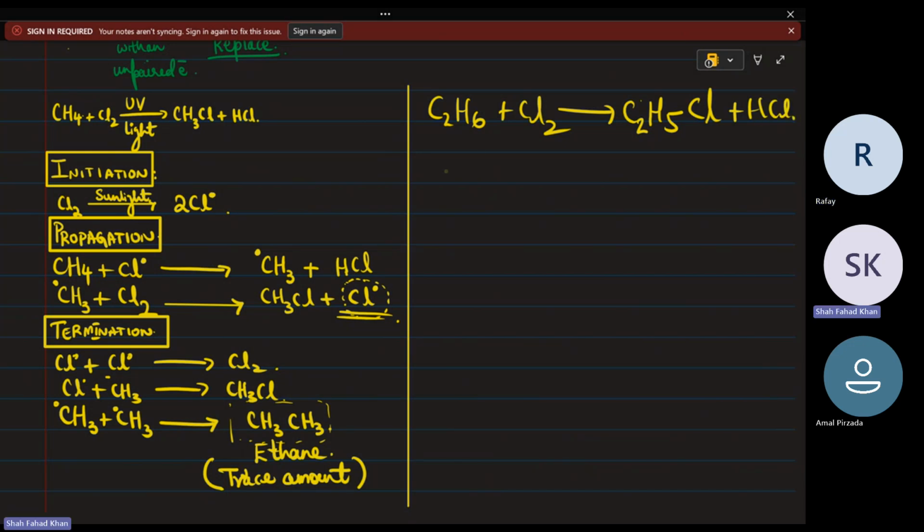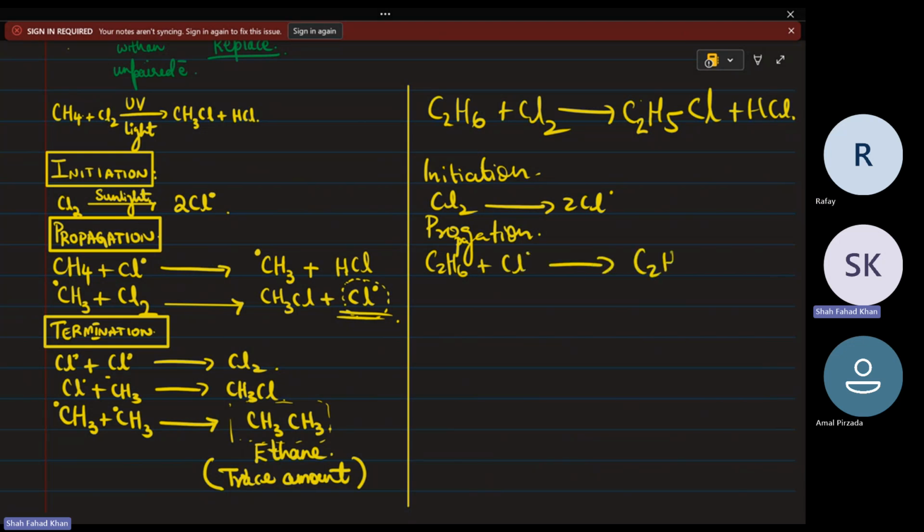Again, we're going to begin with the initiation step. In initiation, you know what to do. Again, you have to form the chlorine radicals, and then from there, propagation. In propagation, the C2H6 will be attacked by a chlorine radical, which will form the C2H5 free radical along with HCl.